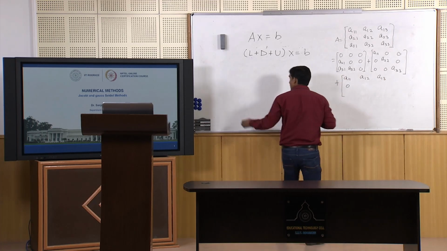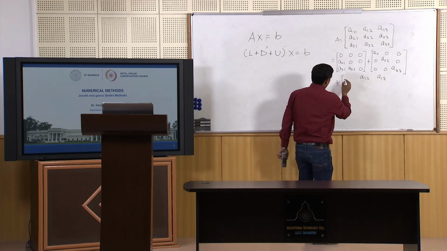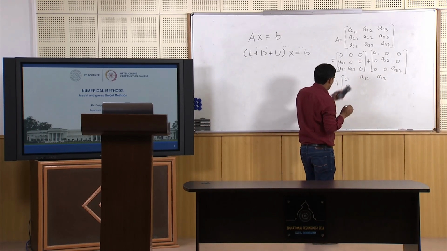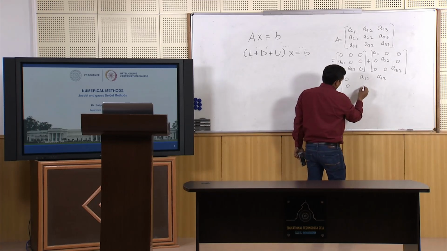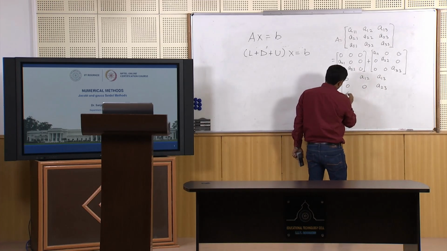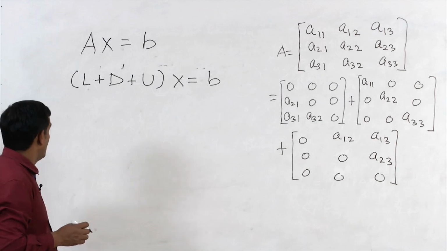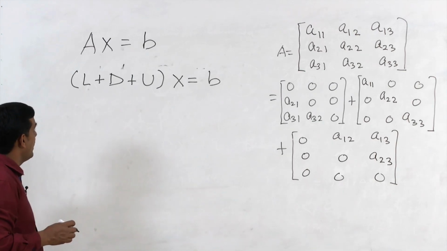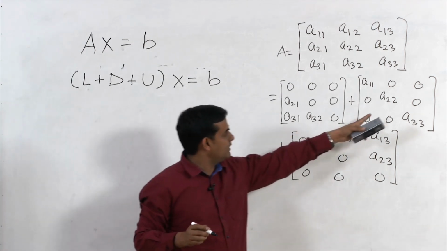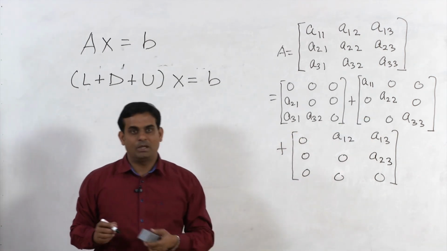Here A11 will not come as I have already taken A11 in the diagonal matrix, that is capital D. So, this is the matrix capital L, this is the matrix capital D and this is the matrix capital U.